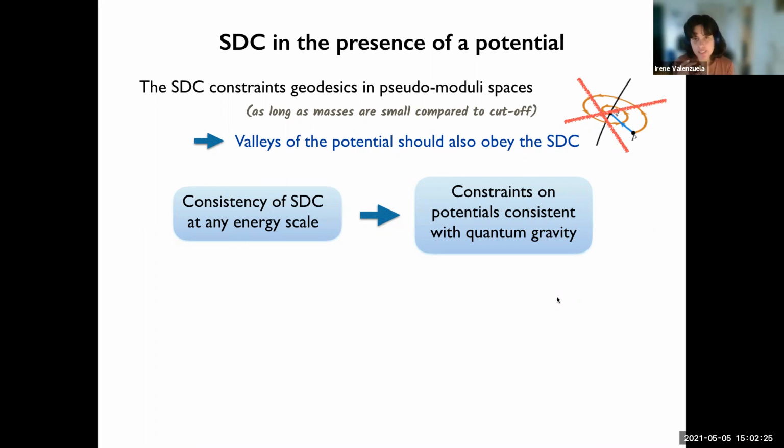The thing is that this notion of geodesic depends on the cutoff that you put, because then you integrate out some scalars or not, right? The scalar manifold changes. So it constrains the level of non-geodesicity, if you wish, from a UV perspective, that the geodesics in the IR can have.